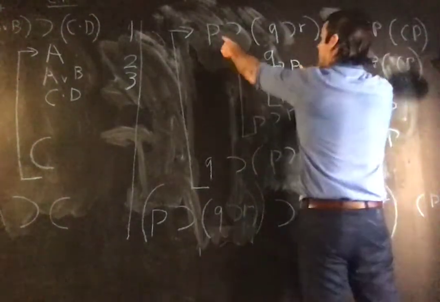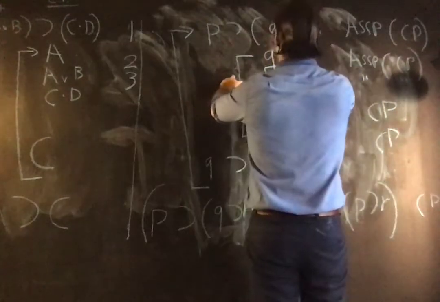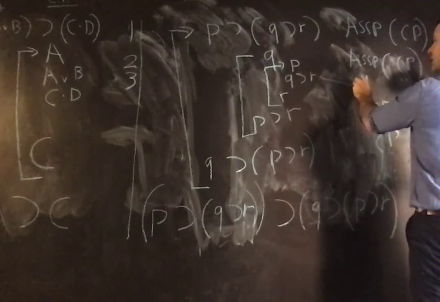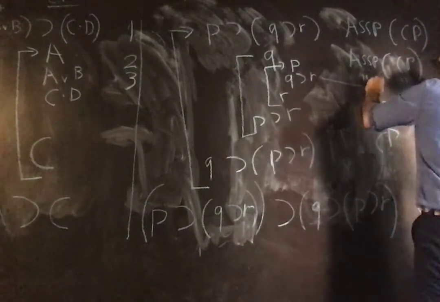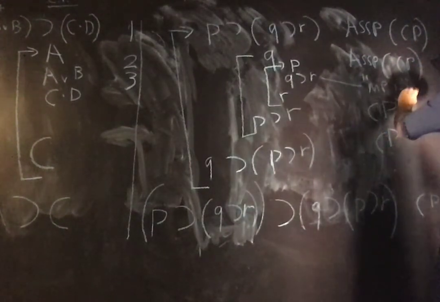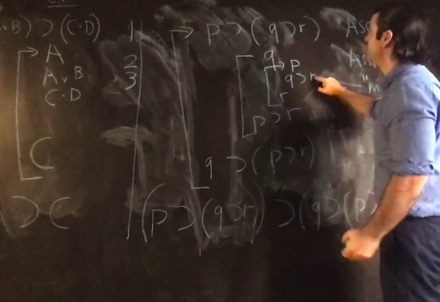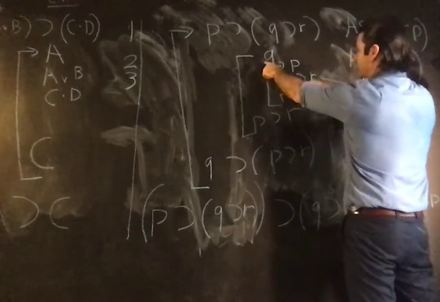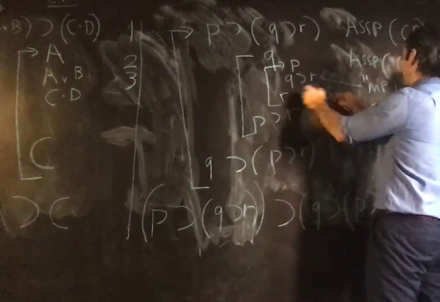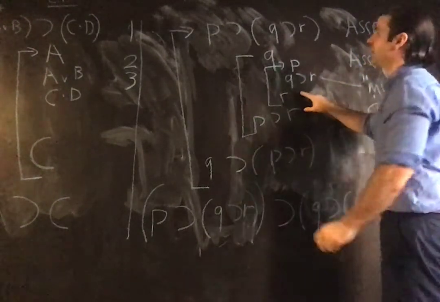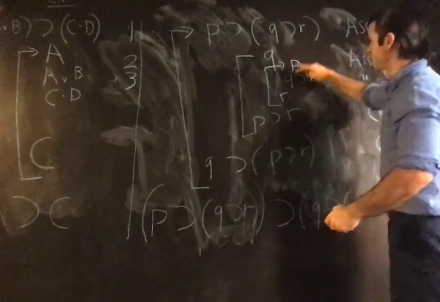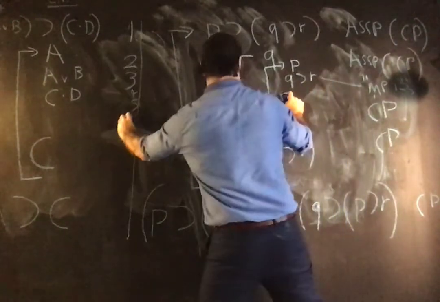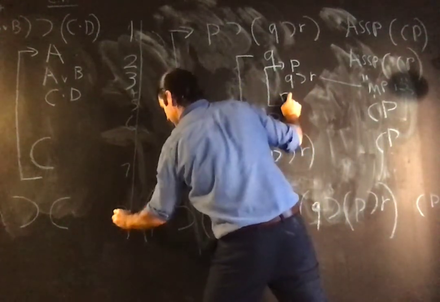But P with P hook R, so 1, 2, 3, modus ponens 1 and 3 gives me this. And then I've got Q and Q hook R, so another modus ponens gets me to R. So it's 1, 2, 3, 4, 5, so 6, 7, 8.